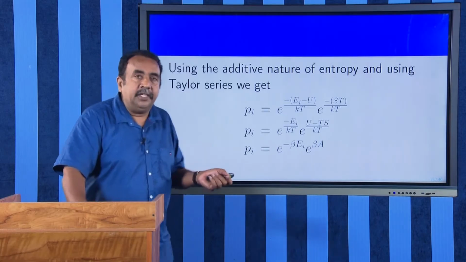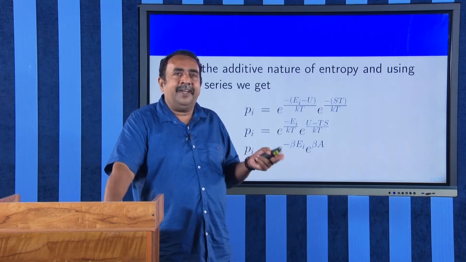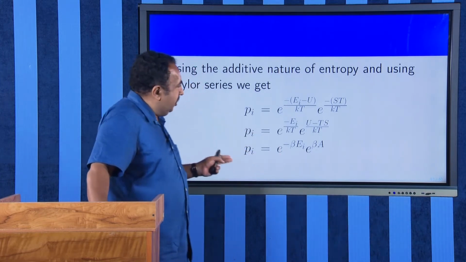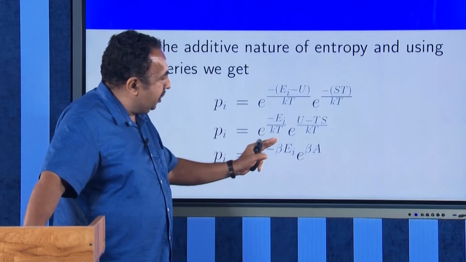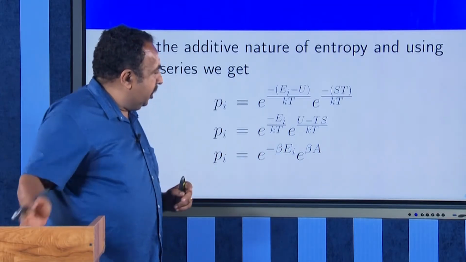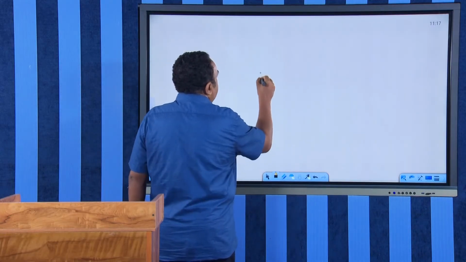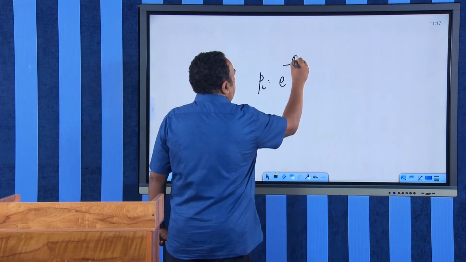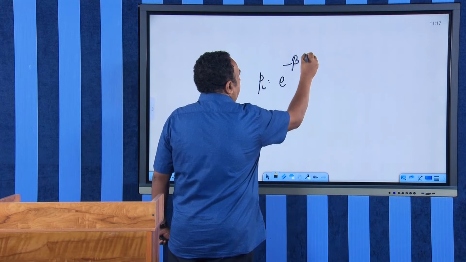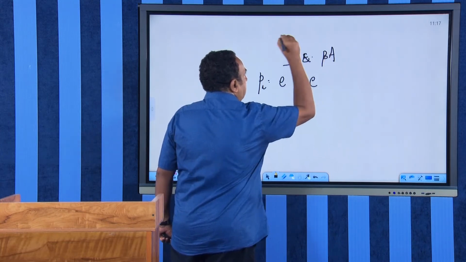And what is this U minus TS? U minus TS is a thermodynamic quantity represented by A, which is the Helmholtz free energy. Therefore, your equation now becomes Pi is equal to e raised to minus beta EI, into e raised to beta A.